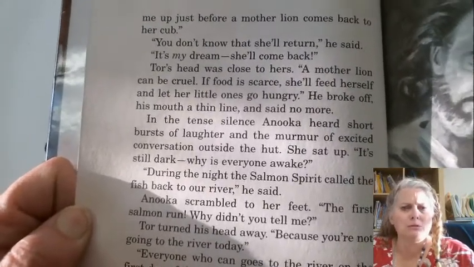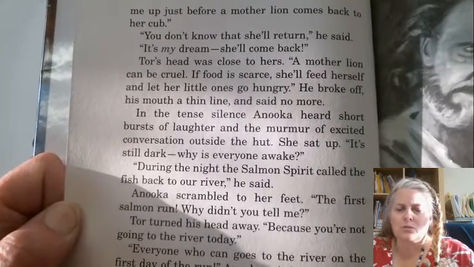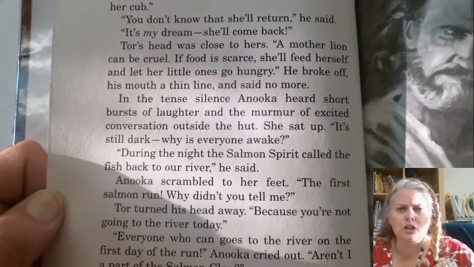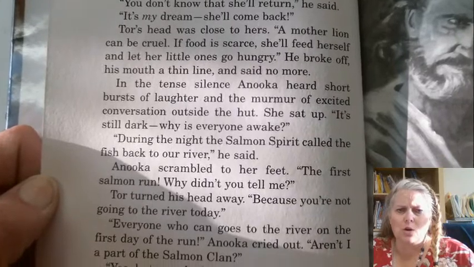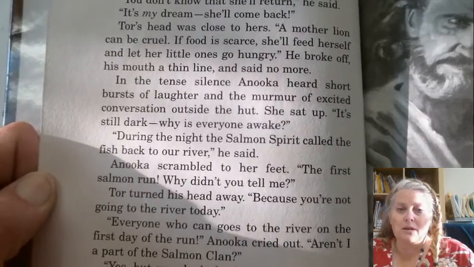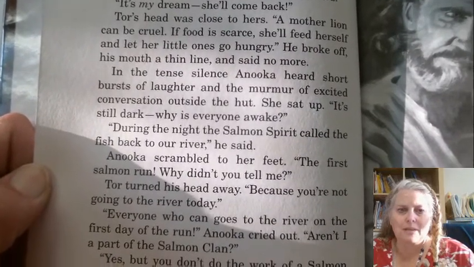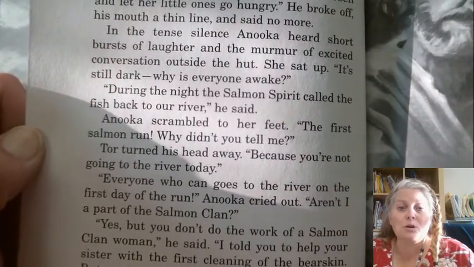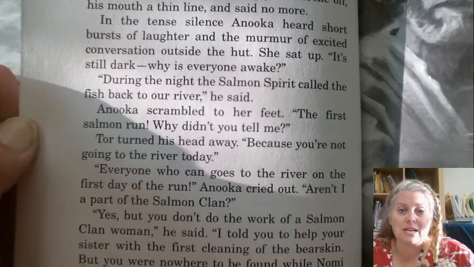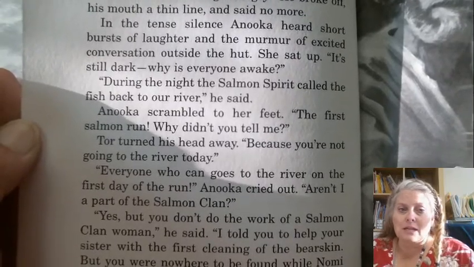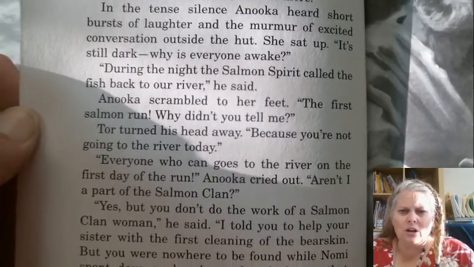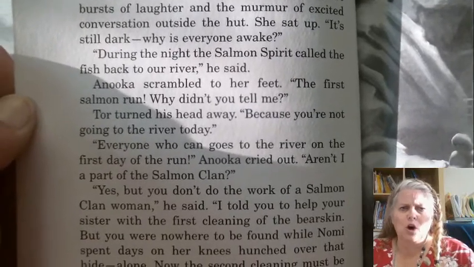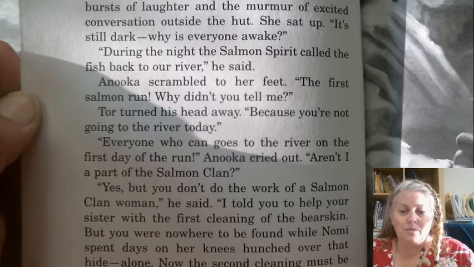It's my dream. She'll come back. Tor's head was close to hers. A mother lion can be cruel. If food is scarce, she'll feed herself and let her little ones go hungry. He broke off, his mouth in a thin line, and said no more. In the tense silence, Annoka heard short bursts of laughter and the murmur of excited conversation outside the hut. She sat up. It's still dark. Why is everyone awake? During the night, the salmon spirit called the fish back to our river.